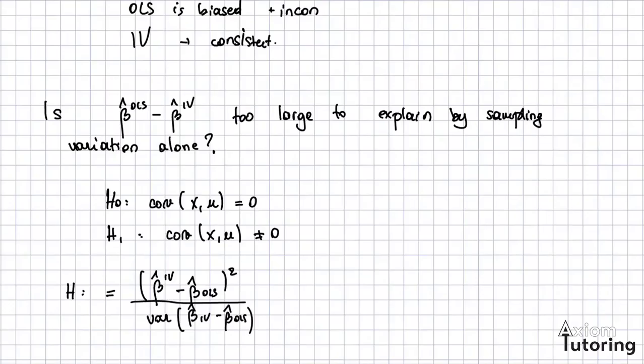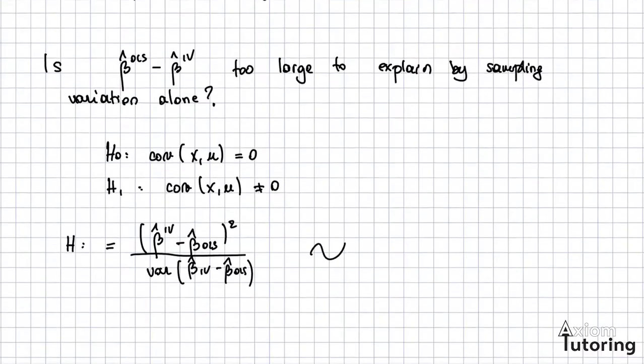Okay? So the numerator is the squared difference between the two estimates, while the denominator scales by the variance of the difference. So under the null hypothesis, this Hausman test statistic should follow a chi-square distribution with degrees of freedom equal to the number of endogenous variables tested. Okay, so I'm going to say in here, number of endogenous variables.